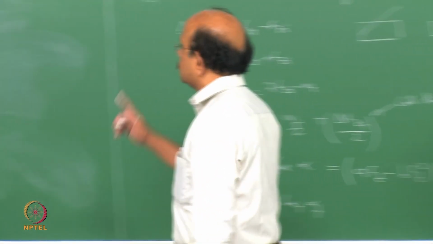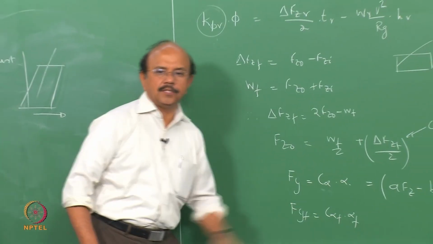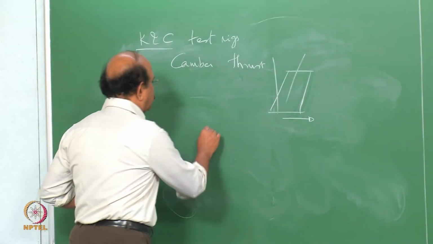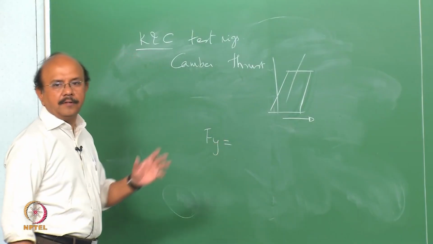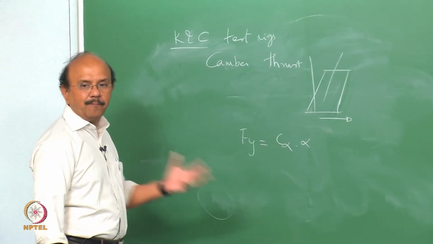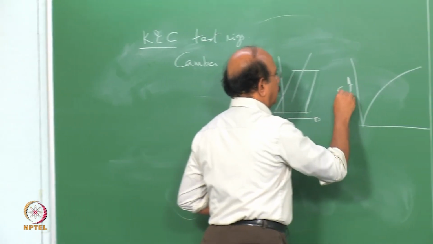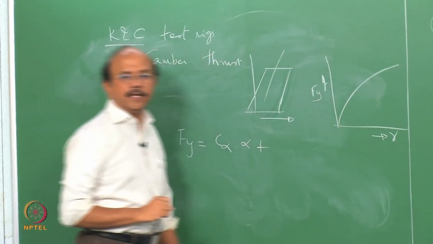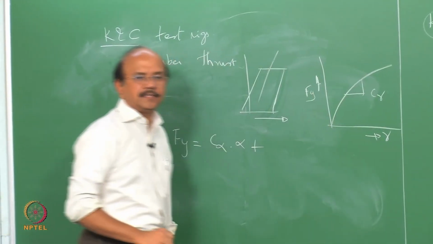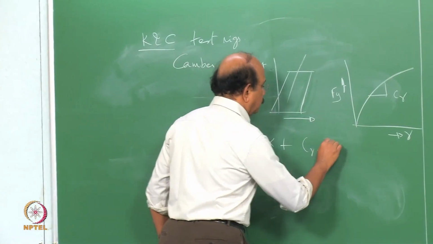Why? Because after all, the most important equation here is this equation, from where we got all those things. So now the force that is generated is due to two things. One is C alpha into alpha plus, let's say that there's a graph for the force Fy versus gamma, which I would say is a camber angle, so C gamma into gamma.